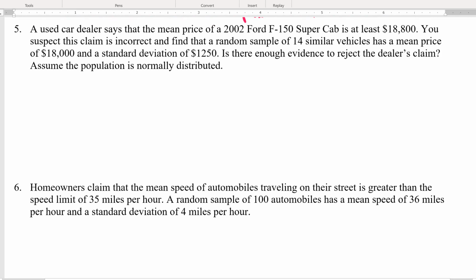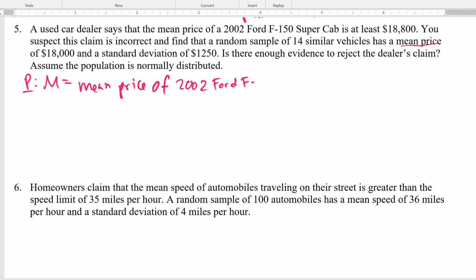Used car dealer. All right, so let's see. We're dealing with a mean price of a 2002 Ford F-150 SuperCab.